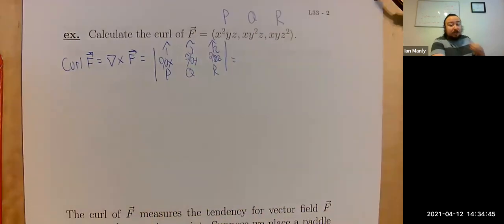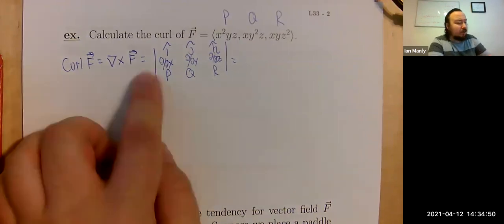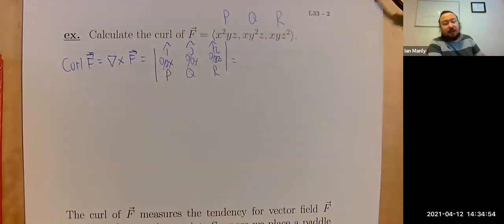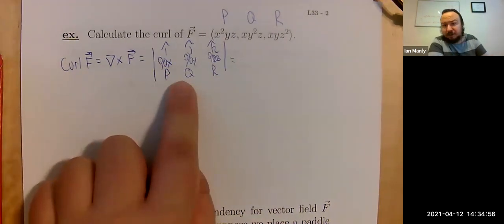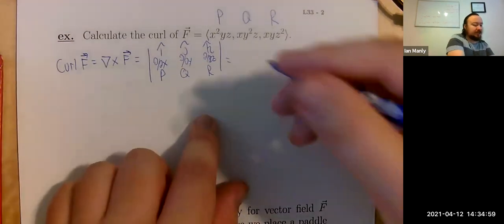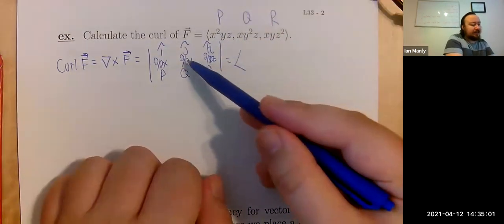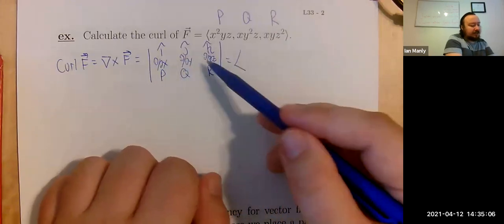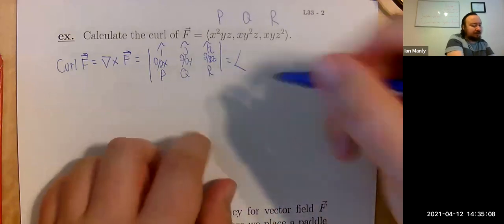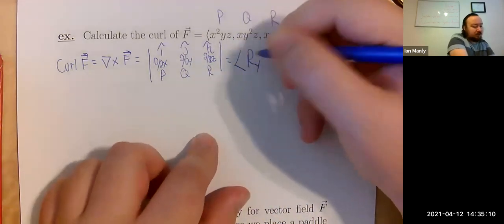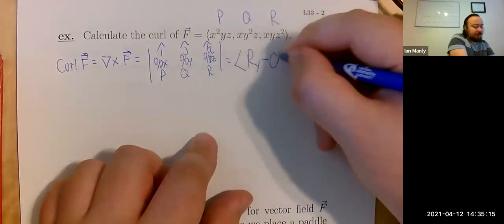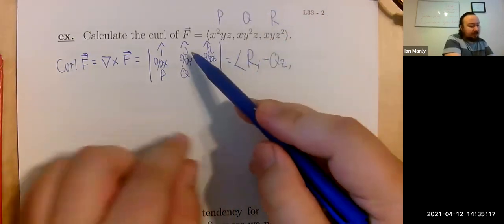So what we're going to do when we do this determinant right here is, every time we multiply a derivative by one of these functions, that's going to be taking that derivative of that function. So for example, let's compute i hat here. i hat is this times this minus this times this, right? So this times this is going to be the y derivative of R. So I have R sub y, and then I subtract the z derivative of Q. We do the same thing for j.